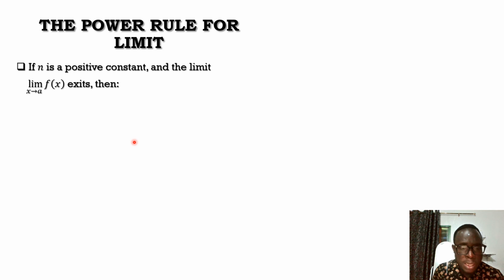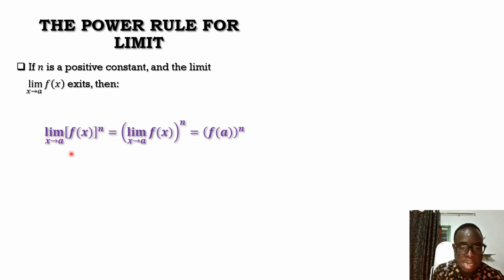Now let's move to the next rule, which is the power rule for a limit. It says that if n is a positive constant and the limit of f of x as x approaches a exists, then the limit as x approaches a of f of x to the power n will be equal to finding the limit of the function f of x, all raised to the power n, the same as f of a all to the power n.